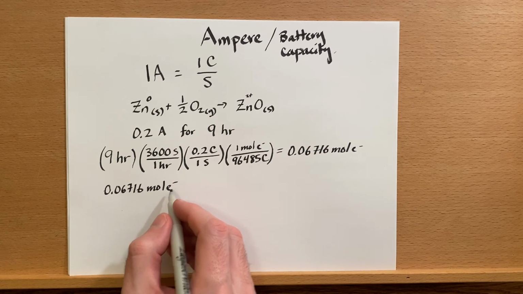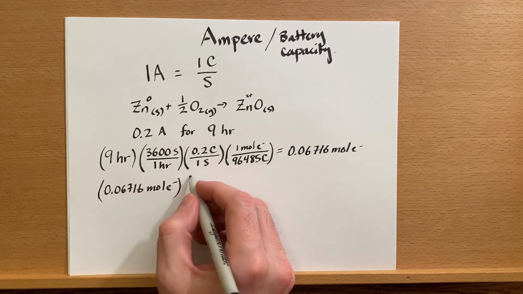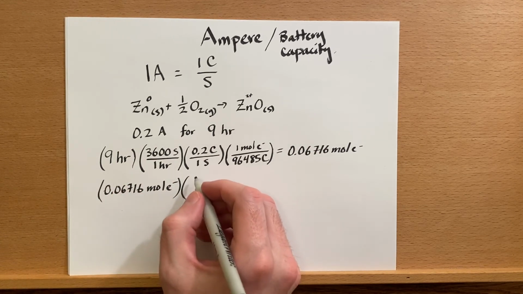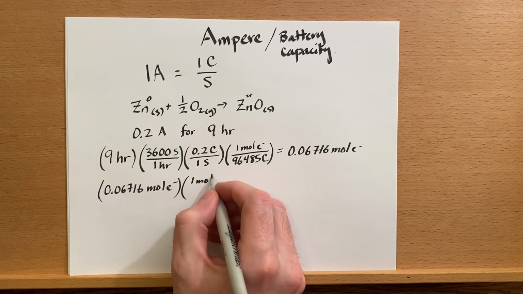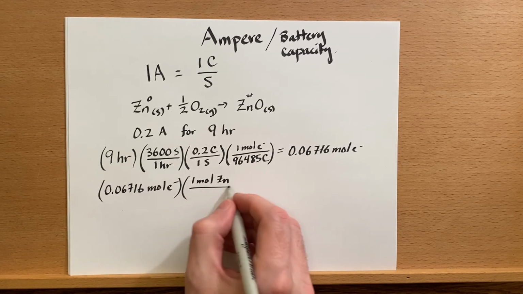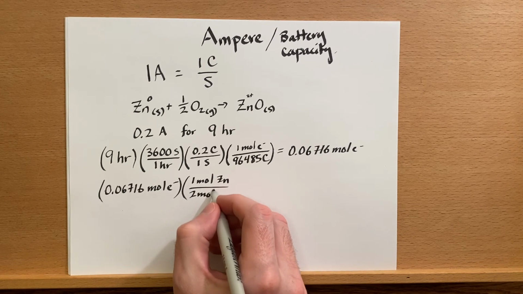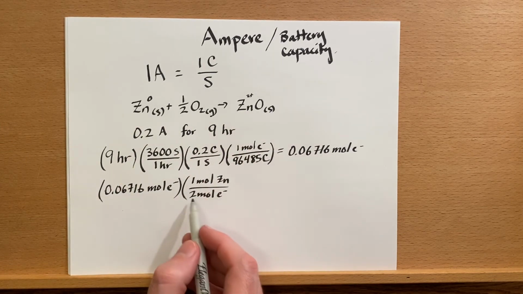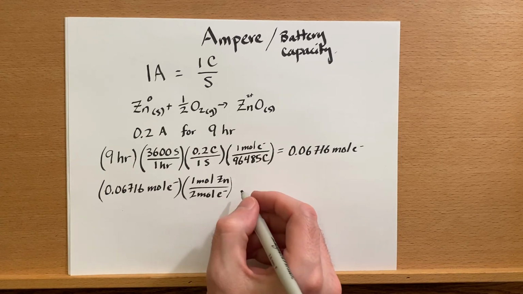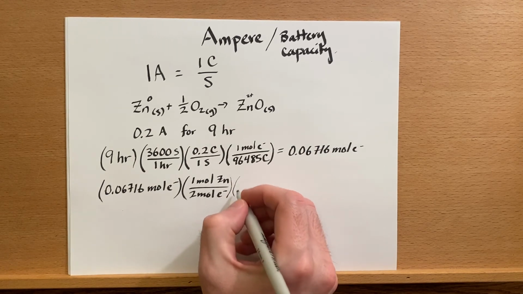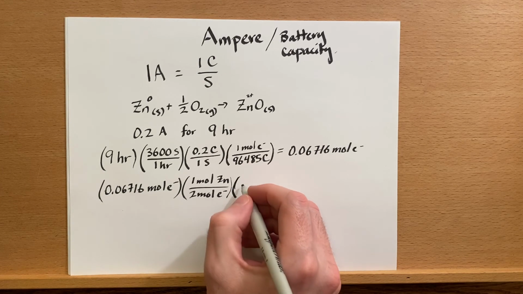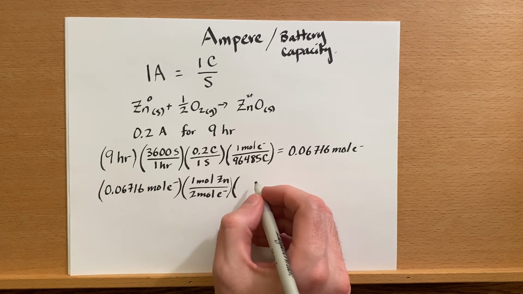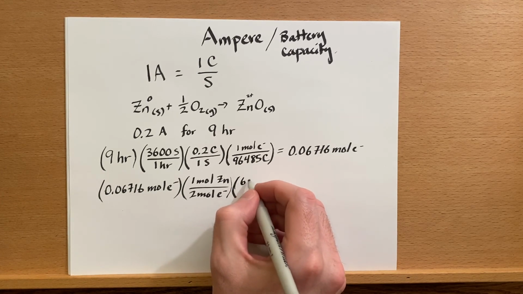So we need this many moles of electrons. Let's convert into moles of zinc. And remember, since we went from 0 to +2, that's 2 moles of electrons. And then, since we need to know the mass, we'll just use the molar mass of zinc, which is 65.38.